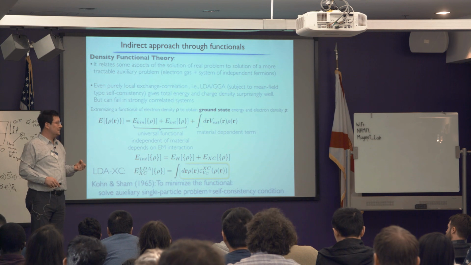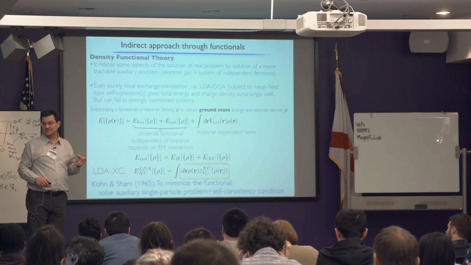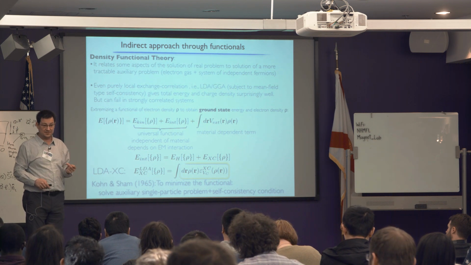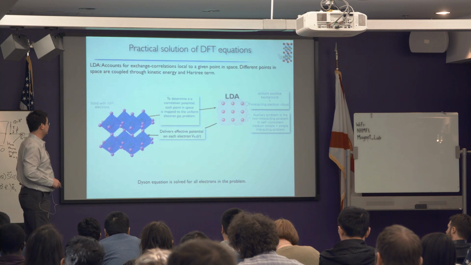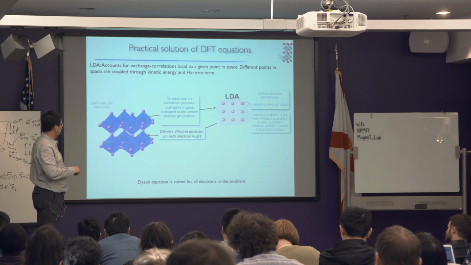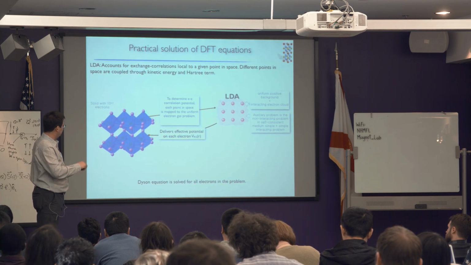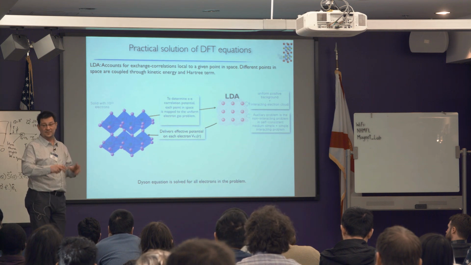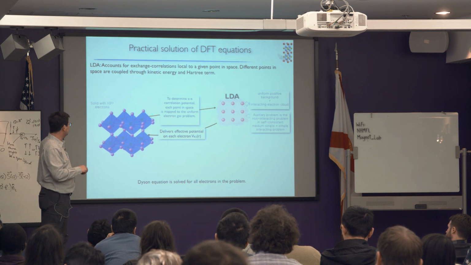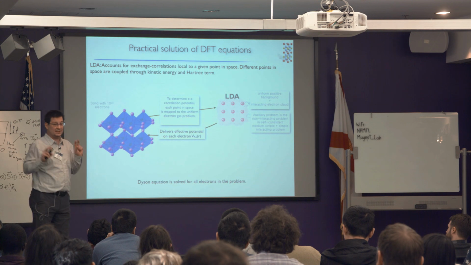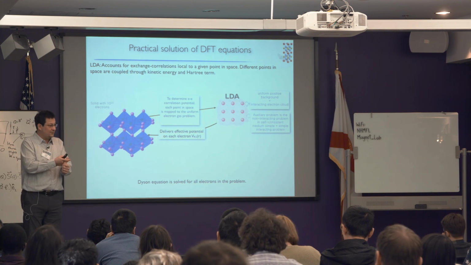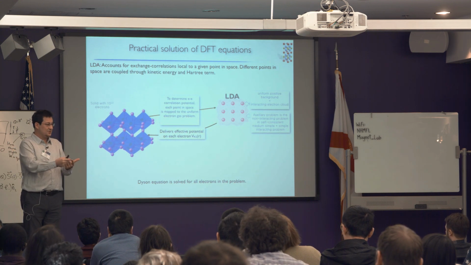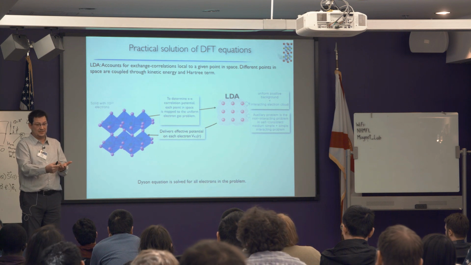So therefore, this is as local as it can get. It's local to a point in 3D space, okay? So that's what DFT is. To summarize this with a picture, you can think of a complicated solid. In order to determine this exchange correlation part, of course, you solve the Hartree part exactly. You solve the nabla square kinetic energy part exactly.